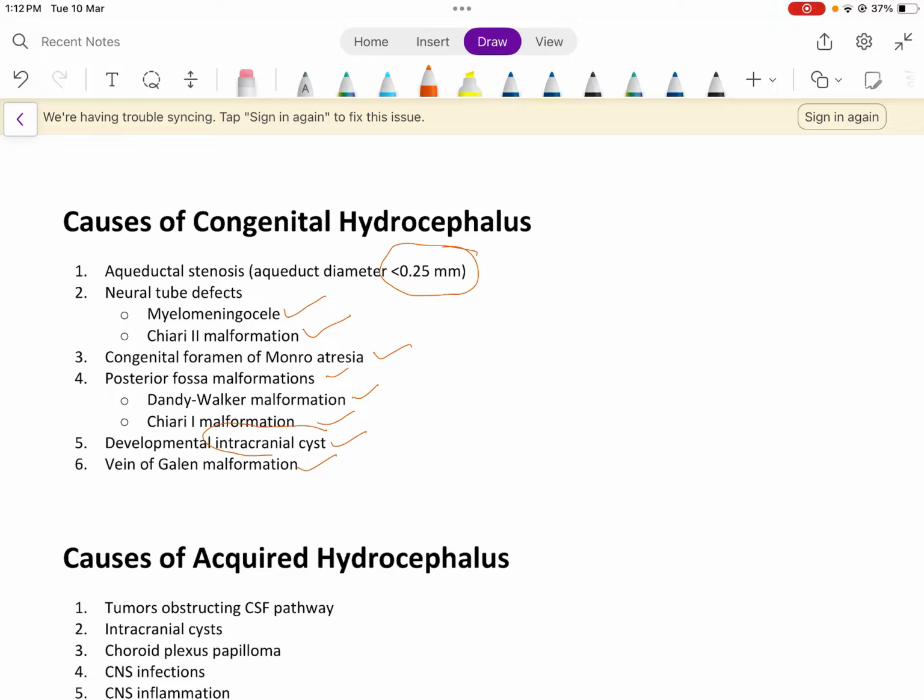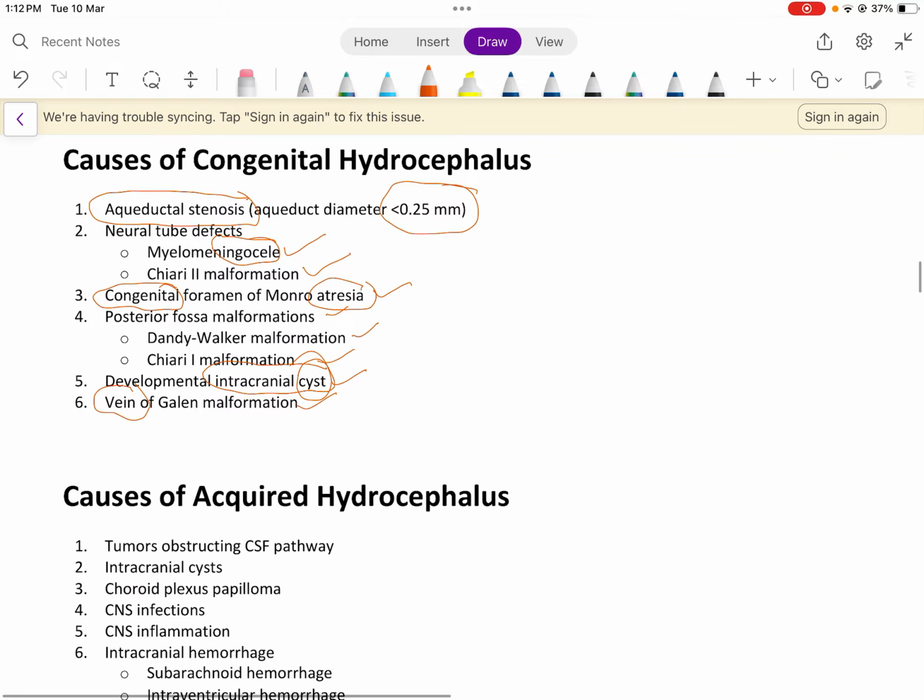So basically a cystic condition, a vein-related condition, or some congenital anomaly like atresias, fluid-filled cysts, and stenosis of the pathway. You have to read it twice and try to remember everything.